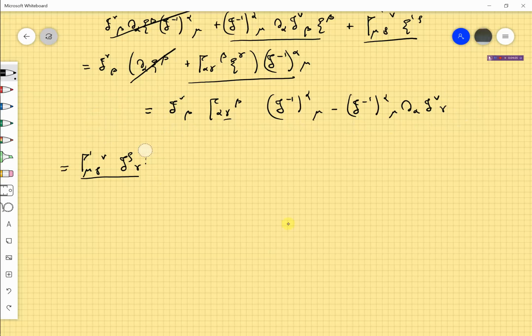So the last thing that we need to do is to multiply both terms of this equation by j minus 1 gamma and then for instance sigma.